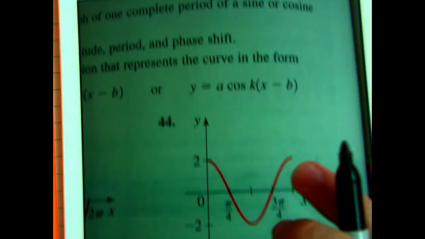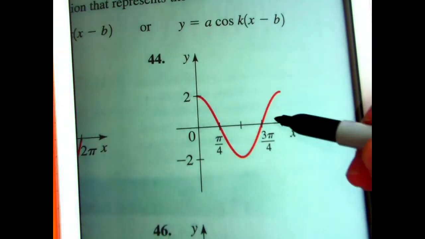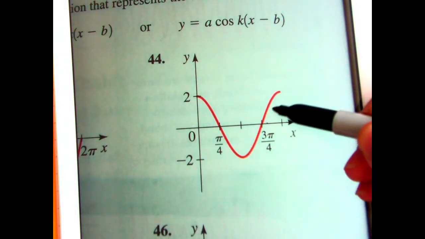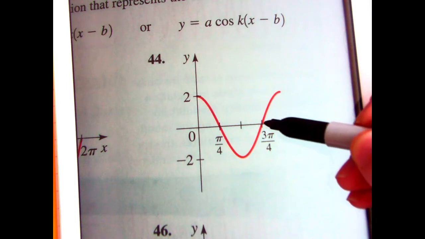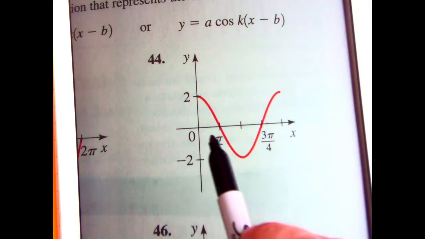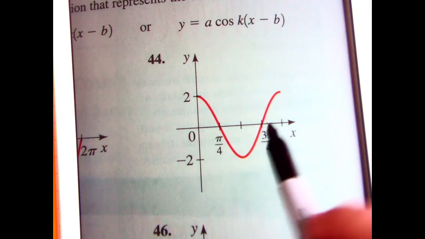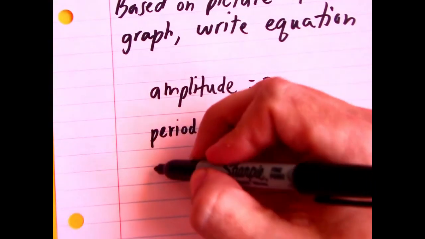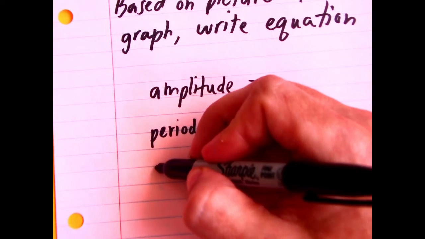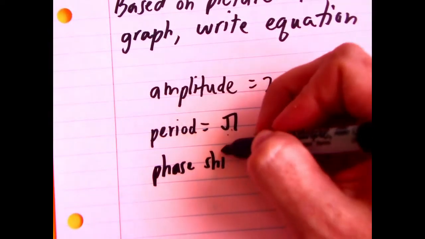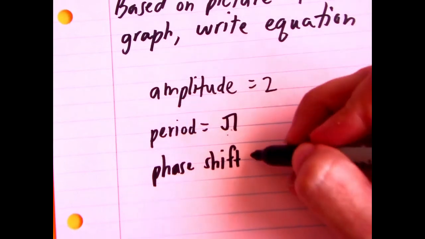So where is that point on this graph? Well, that point is right here. I'm pointing to it right now. It's at 3 pi over 4. So it looks like we went from the very center, 3 pi over 4 units to the right. That was our phase shift. So our phase shift is 3 pi over 4.